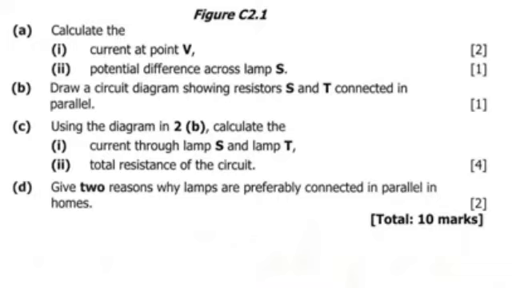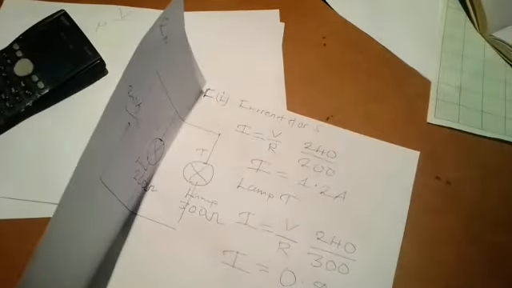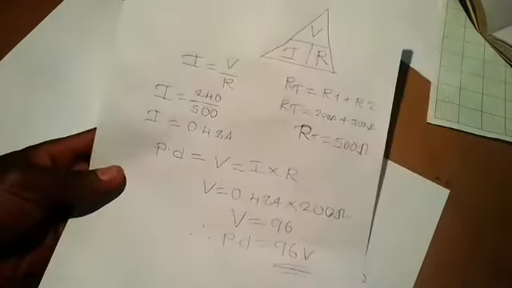Then the other answer for D: when we calculated the connections in series, we saw that our current was 0.48 amps.